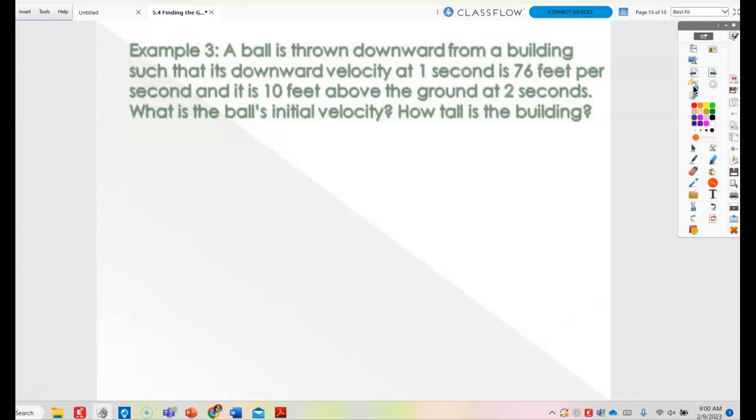I throw it down at a velocity such that at 1 second, it is 76 feet per second. So it's thrown down with a downward velocity such that at 1 second, v of 1 is negative 76. That's what that's saying. Because downward velocity means it's going down.